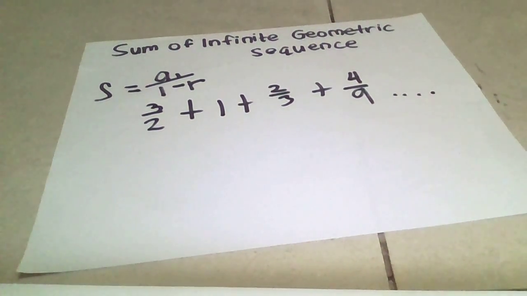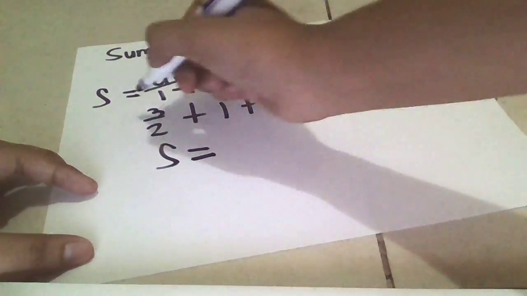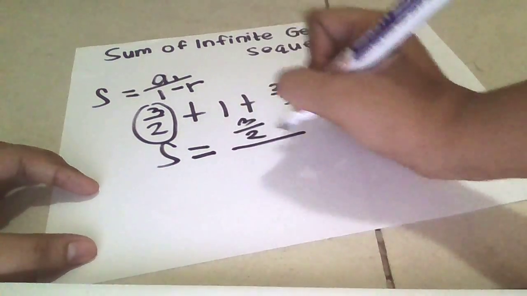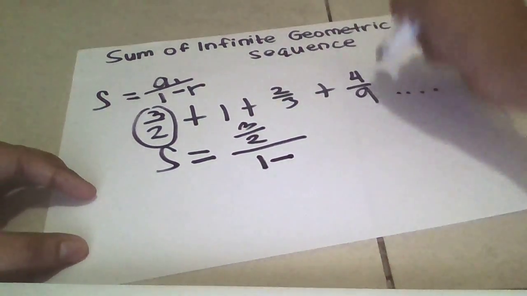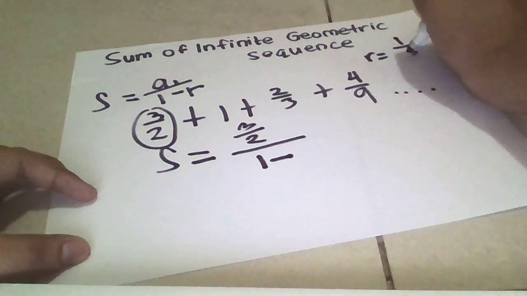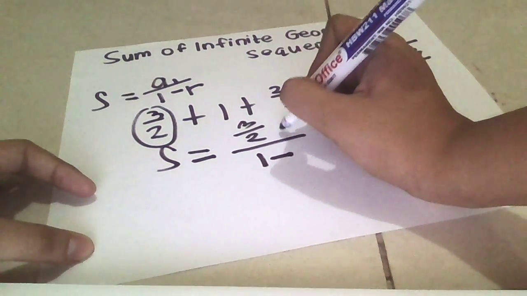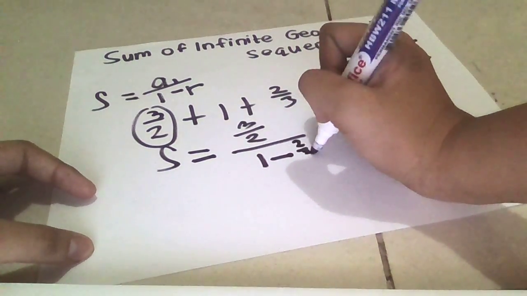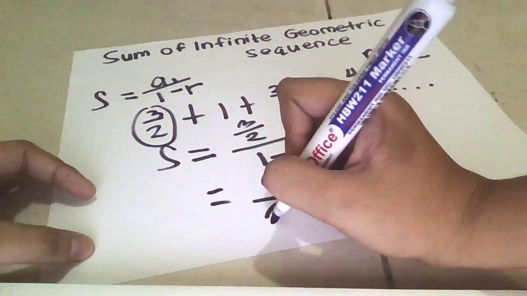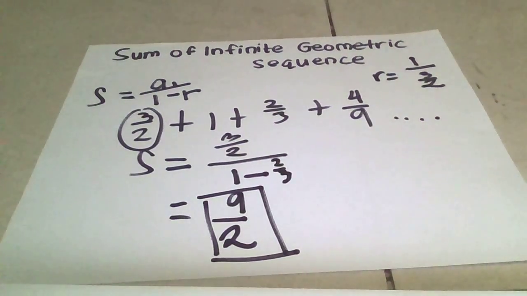So this is infinite. Substitute your a sub 1, which is 3/2. So 1 minus r is 1/3. So the sum is 9/2.